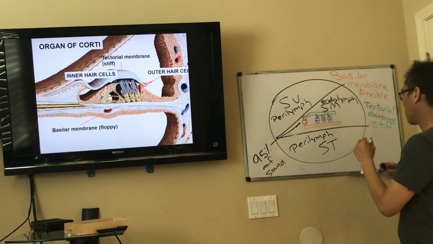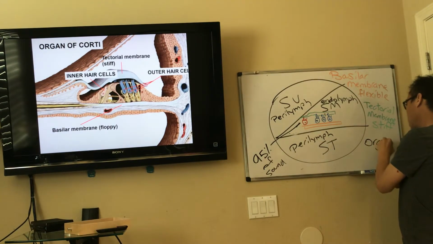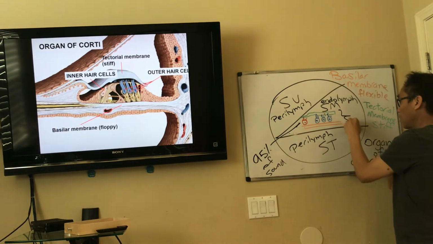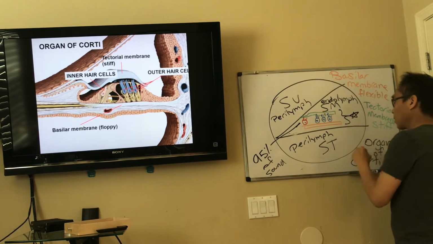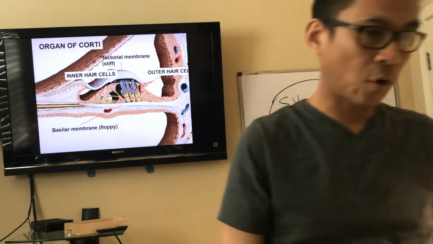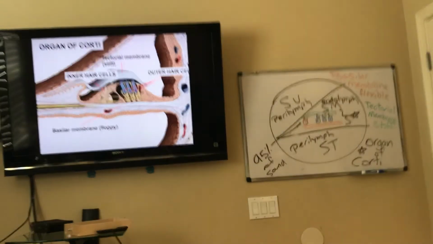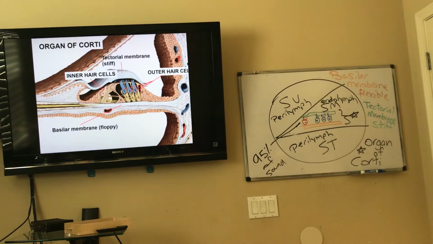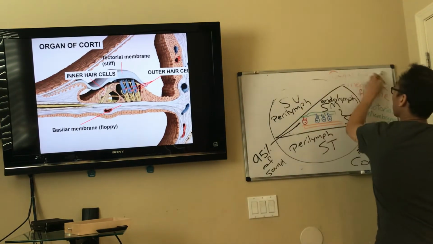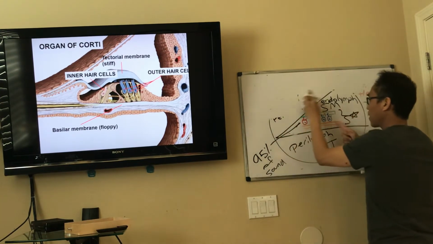And let me write the term on the board. Organ of Corti. That's what we call this thing. The organ of hearing, organ of Corti, that's for hearing sound. That's the sensation, sound for cochlea. So the hair cell is important.